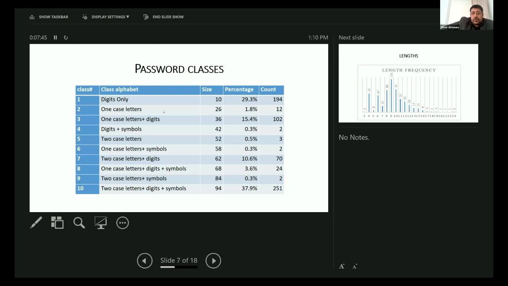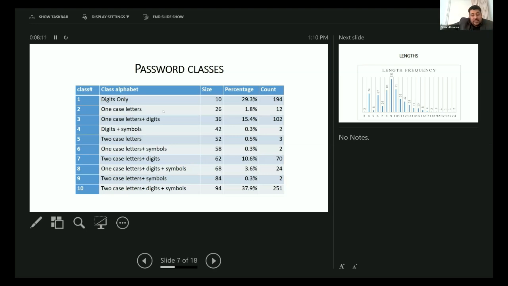Digits and symbols only was a very negligible percentage, only 0.3%: 10 for digits and 32 for symbols, special characters like the dollar sign, pound sign or underscore, all of which we consider special characters or symbols.